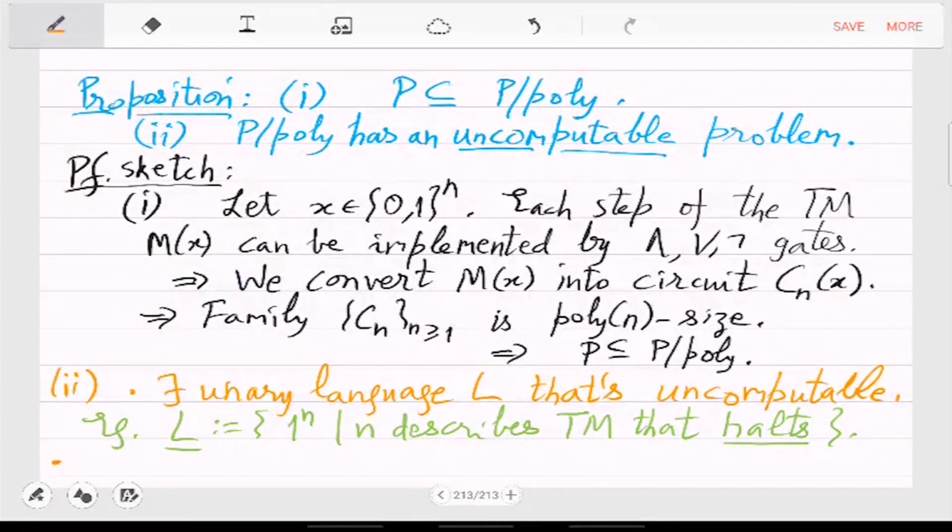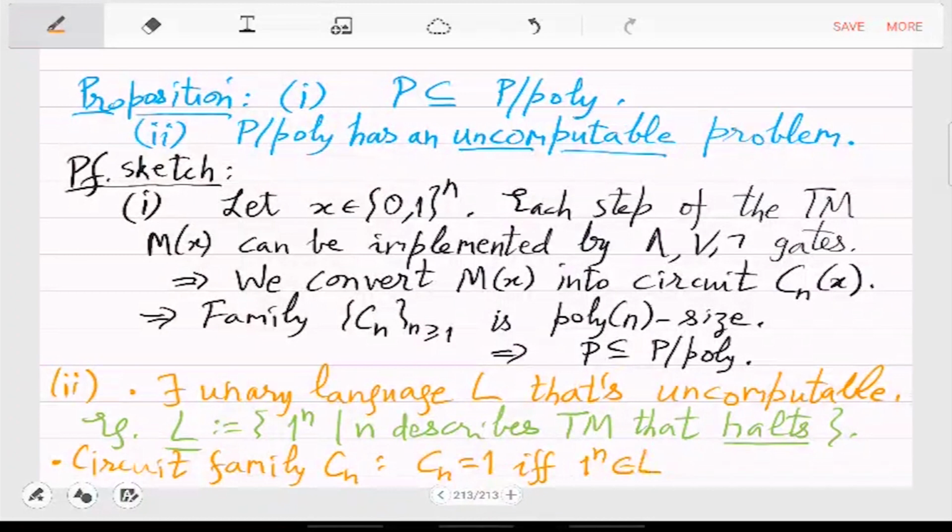So, the circuit family C_n is such that C_n is 1 if and only if 1^n is in L. This solves L. And it is of constant size, in fact, not even P/poly.